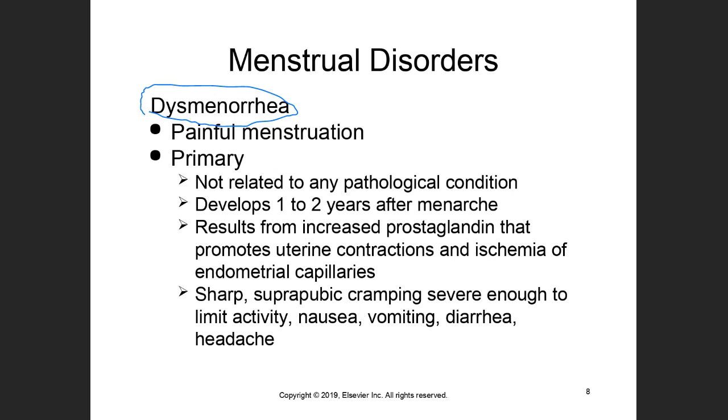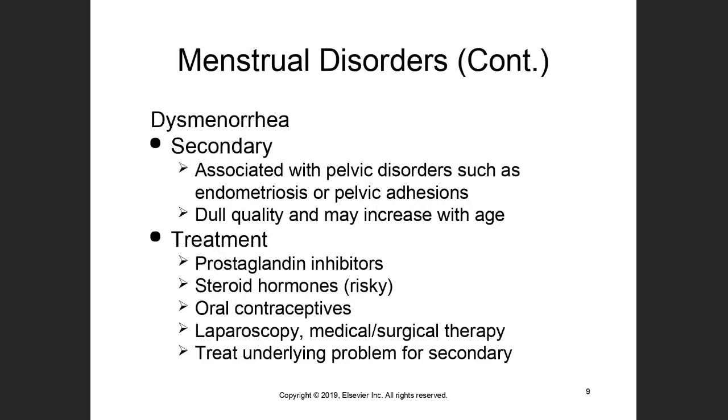Then you have to be very careful. If you have a problem with prostaglandin, you have to give NSAIDs to the patient. Characterized by suprapubic cramping severe enough to limit activity, nausea, vomiting, diarrhea, and headache. Those are some of the signs and symptoms.